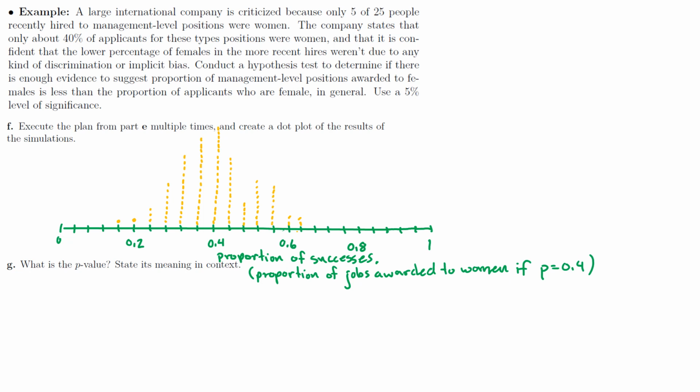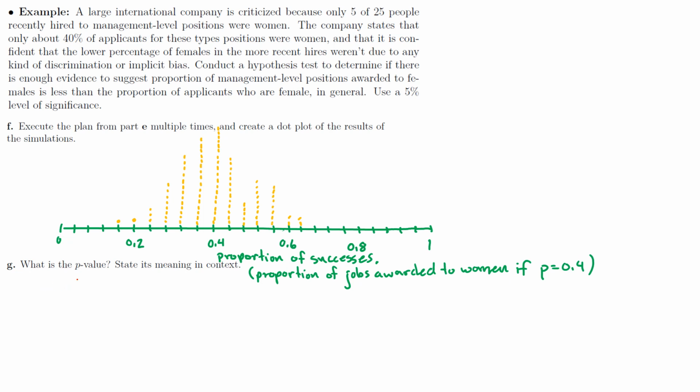And so remember, each dot represents one simulation. So in part G, when it asks for the p-value, remember what a p-value is: it is how often you expect to see sample results like yours or ones that are more extreme if the null is true.